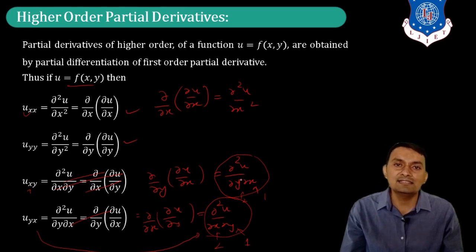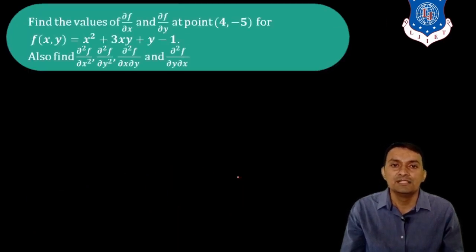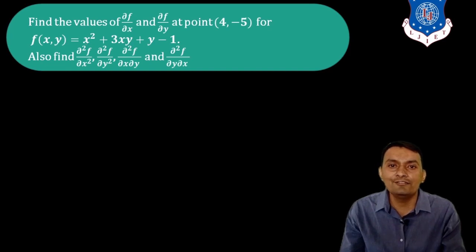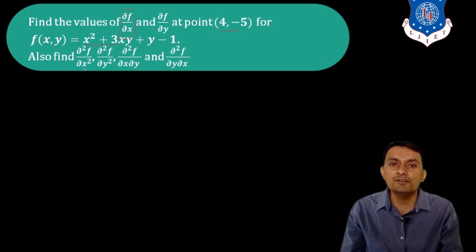So let us understand with an example. Here this is the given function f of x, y, and I want to determine del f by del x and del f by del y at this particular point. Also we want to determine del square f divided by del x square, that is known as fxx. The second one is known as fyy, and the third is known as fyx, and this is exactly fxy.